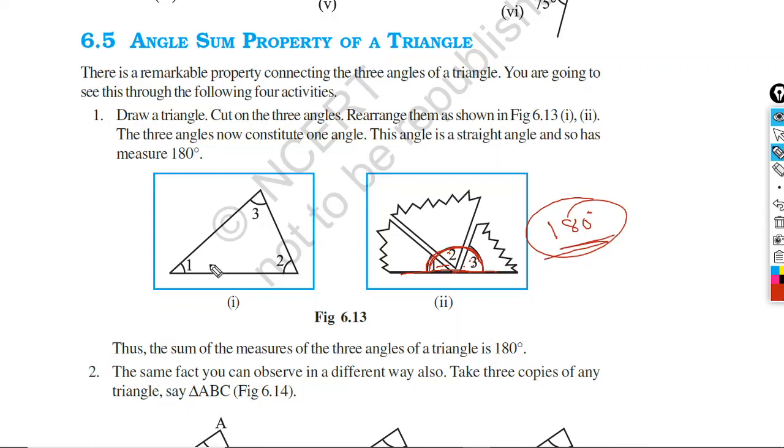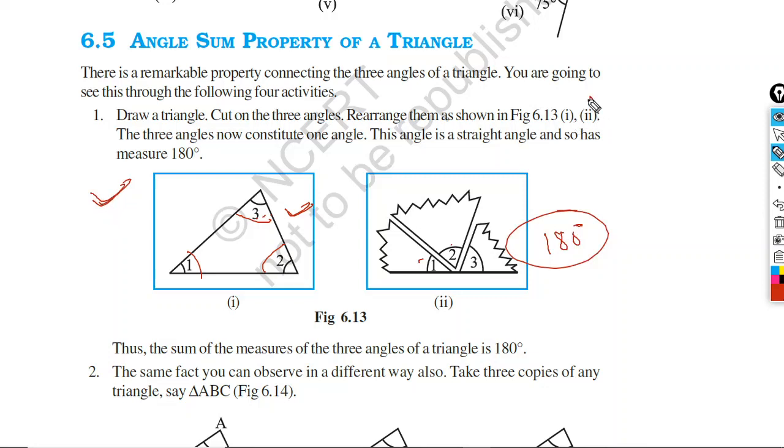So these three angles will make 180 degrees. So from here we can understand that the sum of the three interior angles of this triangle is 180 degrees. Okay, you please try this at home. At least try three types of triangle.